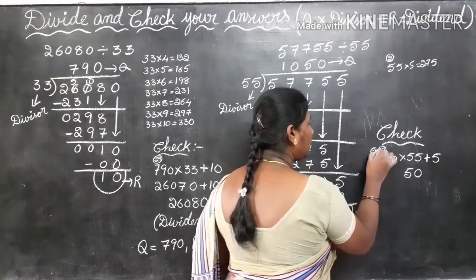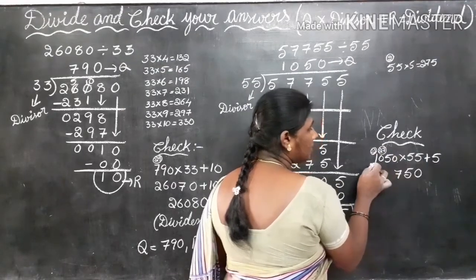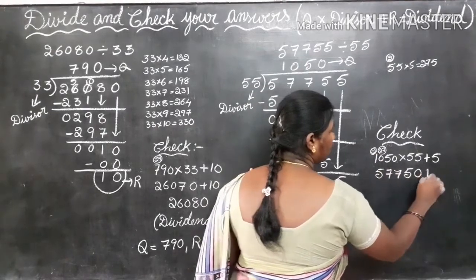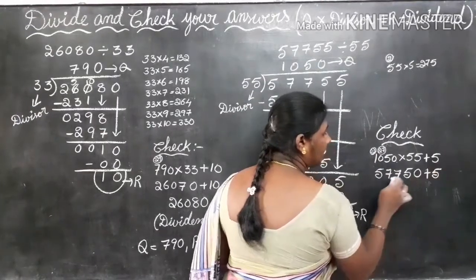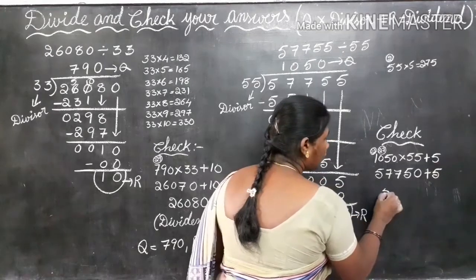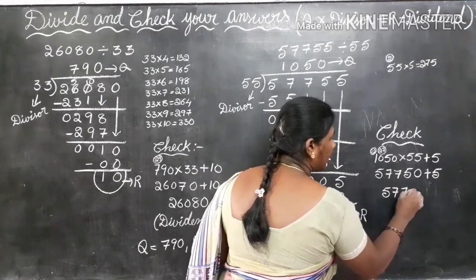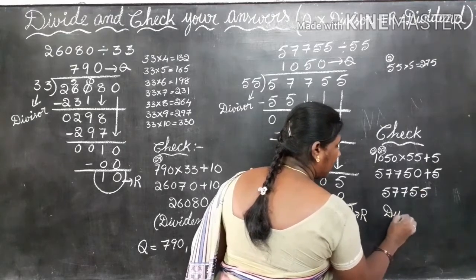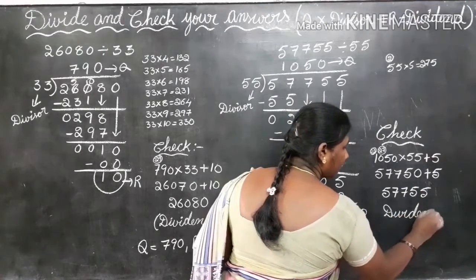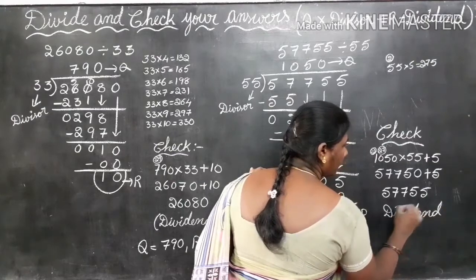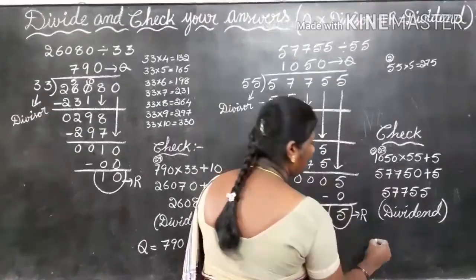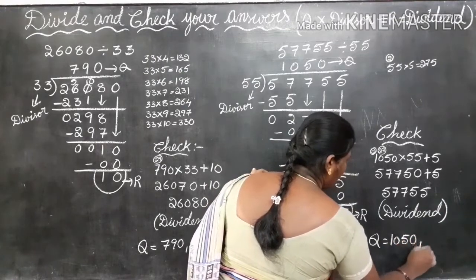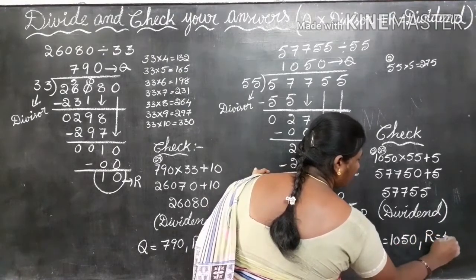So 2 here, 7 here. 55 ones are 55. 55 plus 2, 57. 57,750 plus 5, so 57,755. It is the dividend. We get the dividend. So the quotient is equal to 1050. Remainder is equal to 5.